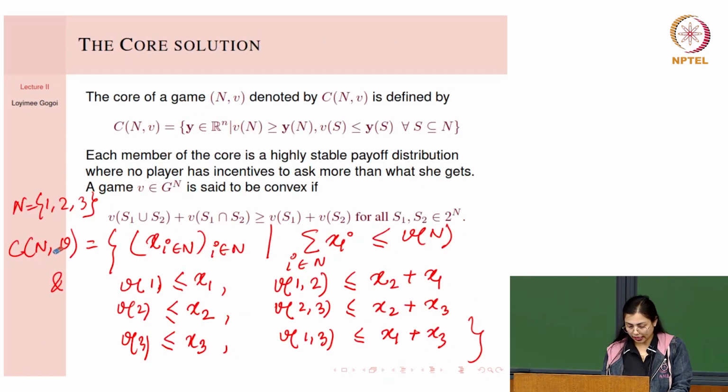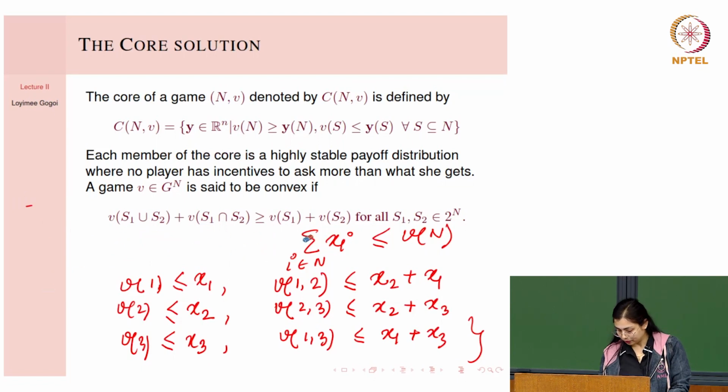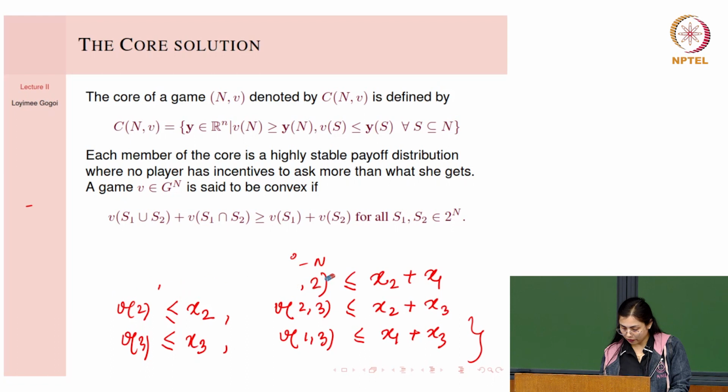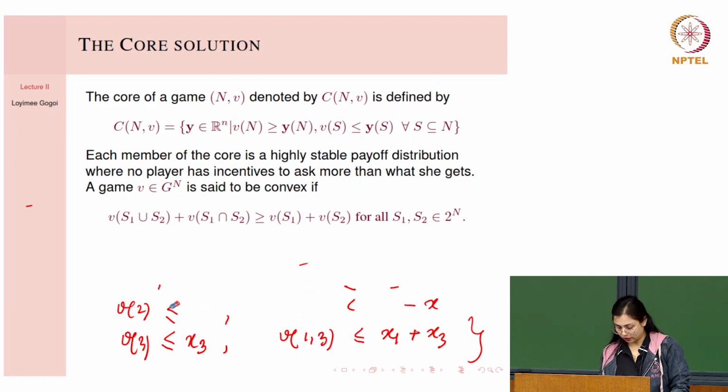So let's see for what kind of game we have a non-empty core. Here is one type of game I have to mention, that is the convex game. If a game is convex, the core is always non-empty.